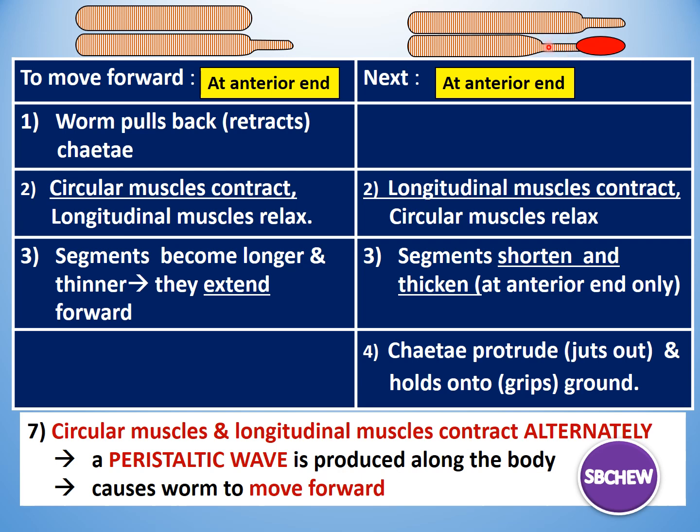Here the circular muscles have begun to contract also, simultaneously as the longitudinal muscles contract in the front. But never mind, we won't worry about this part, just the front part.